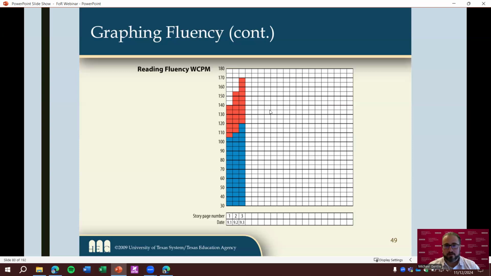And we want to see the hot readings improve. They will plateau out. There's no grade given for this data. But 170 words correct per minute is very, very fast. And of course, this is probably an unrealistic rate of improvement, but this is a student who's reading better quite quickly.